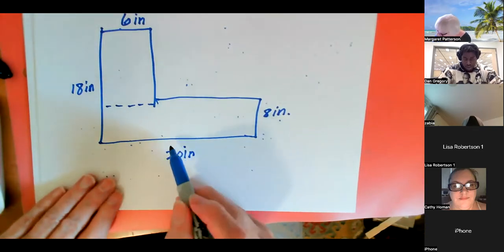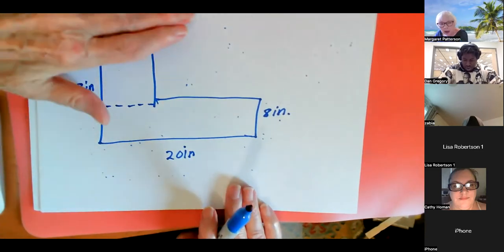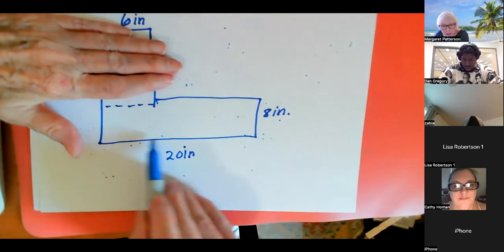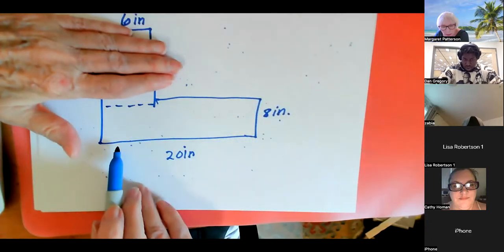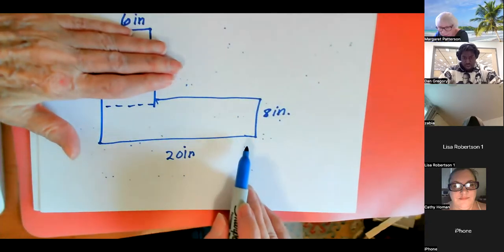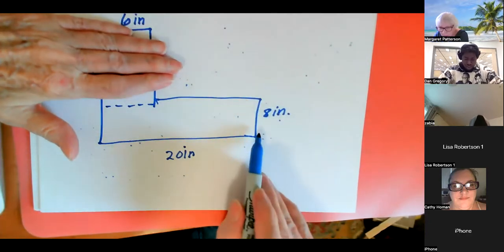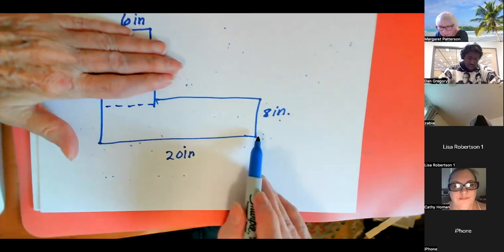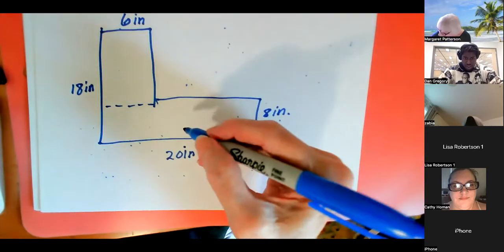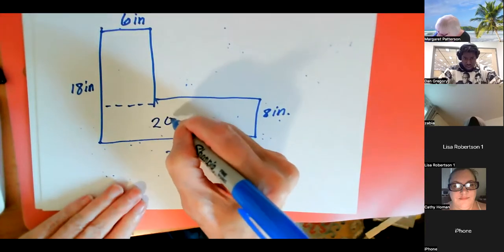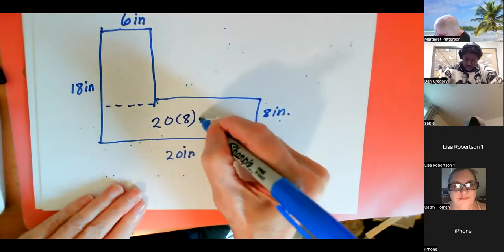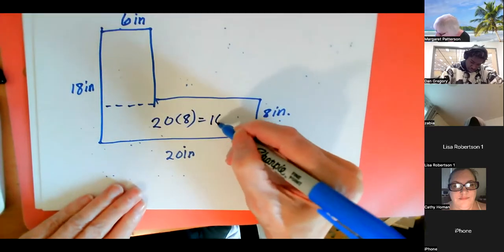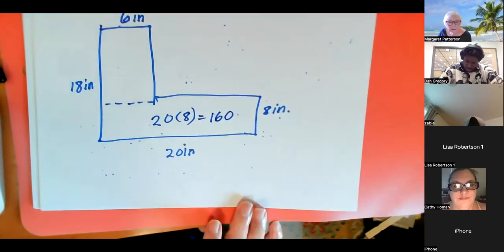So can you just visualize, just ignore this part and look at this? What is it? The length is 20. The width is 8. So this one would be 20 multiplied by 8. 20 times 8 would be 160, right?